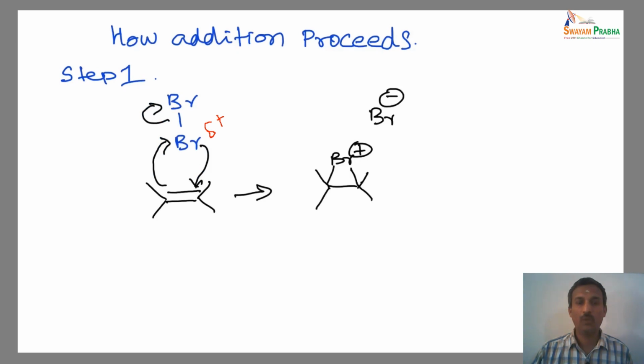So a bromide negative charge cannot add to this double bond, rather a delta plus charge only can add to this double bond. So the intermediate that is formed is a cyclic bromonium ion intermediate, and this leaves the bromide ion separately.